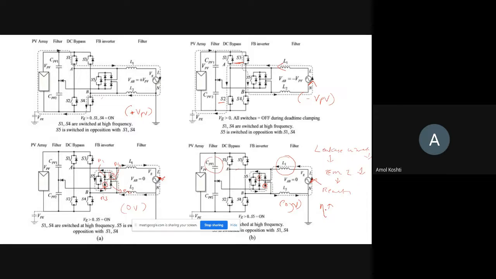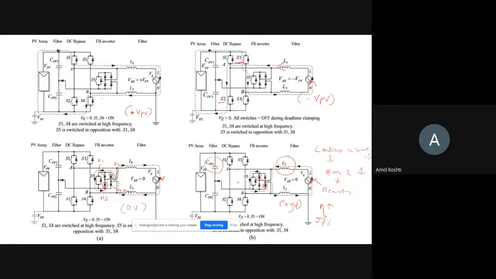Suppose this gives 97% efficiency, then the previous one was maybe 90 to 93. In that range, but all are above 90, or 85 up to 97, 98. So based on the cost and these parameters, we have to use this in PV applications.